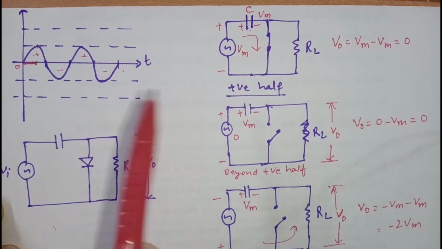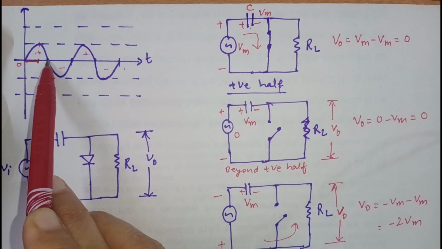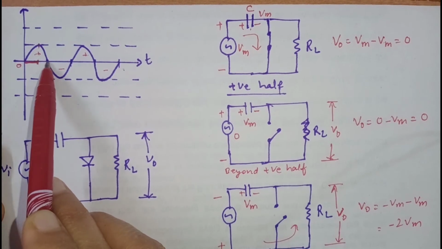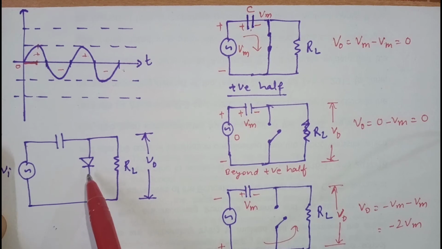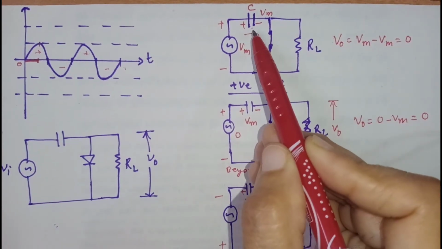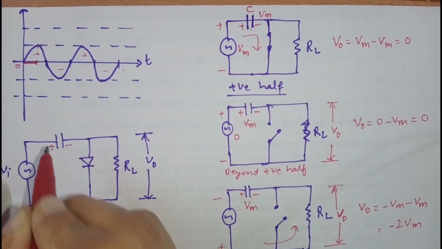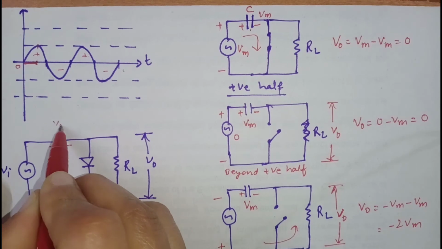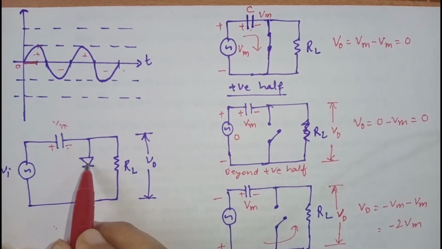Now beyond this positive peak, the diode will be reverse biased, because as this capacitor is charged up to Vm with this polarity, this is negative and this negative is connected to this P region.